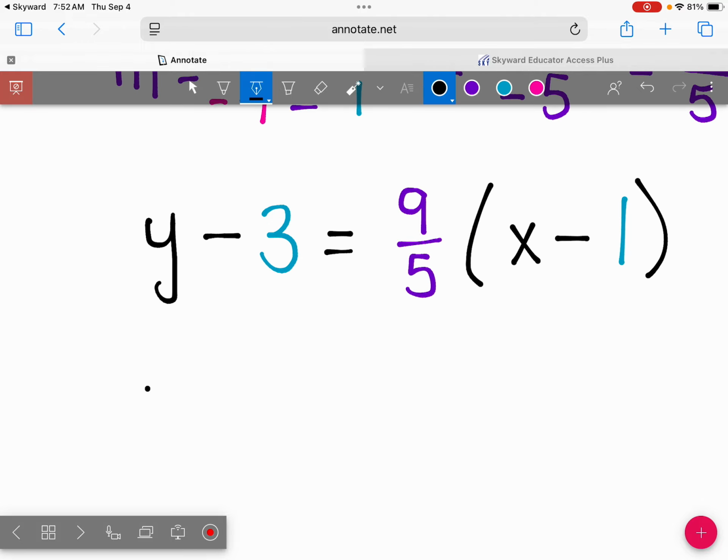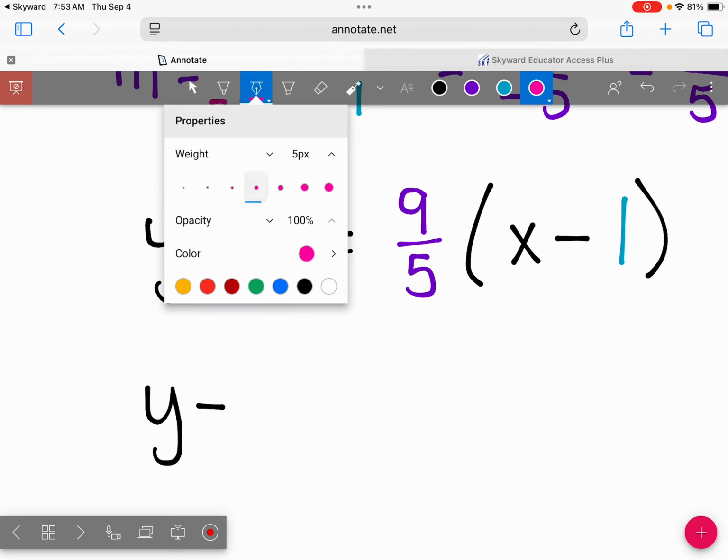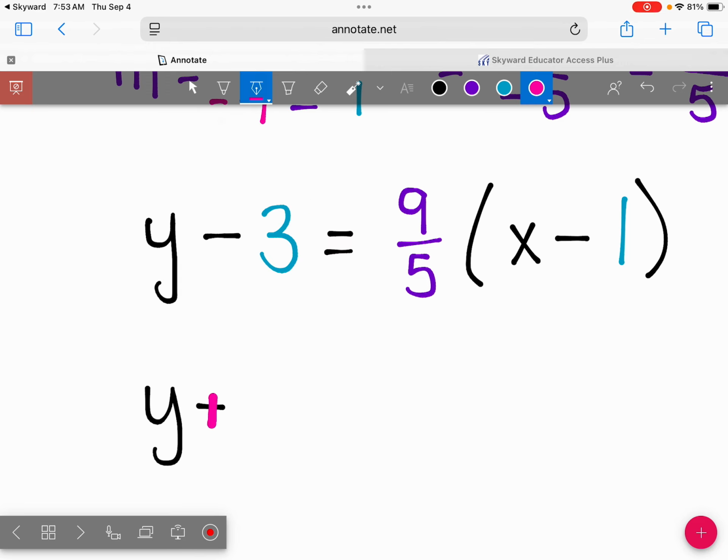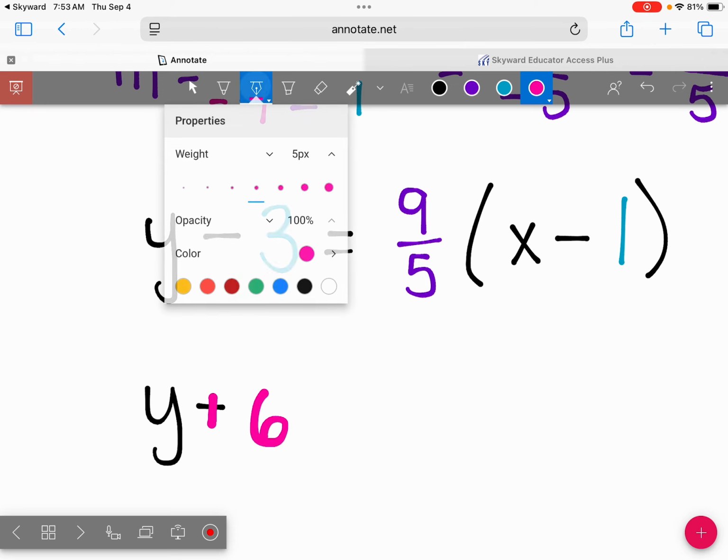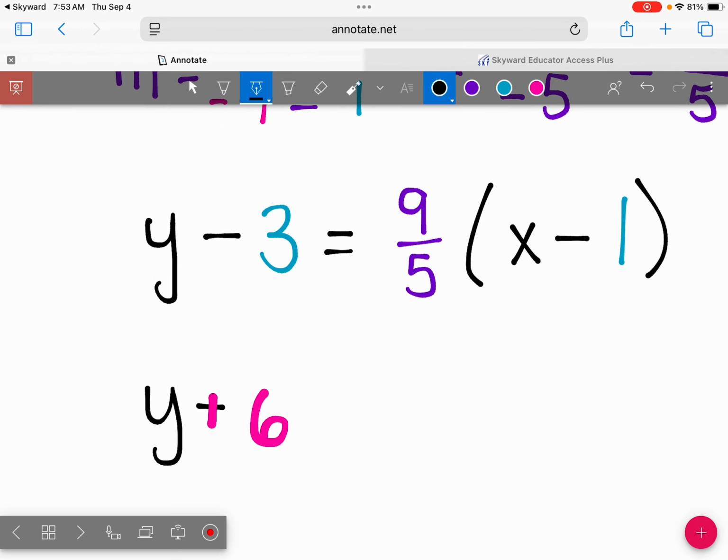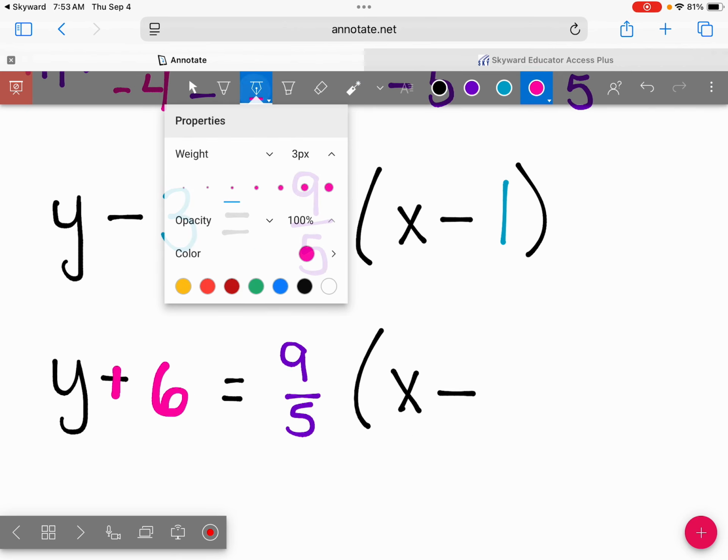I could do the same thing with the other point. You don't have to use both points, but I can use either one. It genuinely does not matter if I do my y minus 3 or if I do my y minus -6. Y minus -6 becomes plus 6. Then we have our 9/5 x minus my x2.